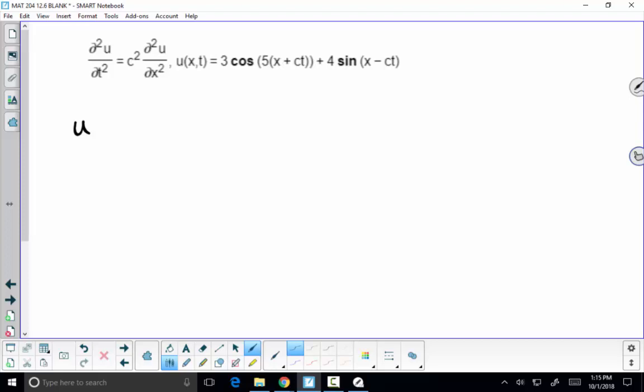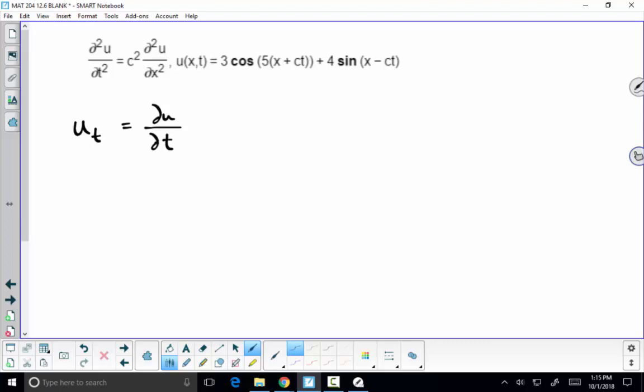So it's a two-variable function, and on the left, this means the second derivative of u with respect to t. I want to point out one thing with notation, which we haven't talked about carefully yet. u sub t is the same thing as the partial of u with respect to t.